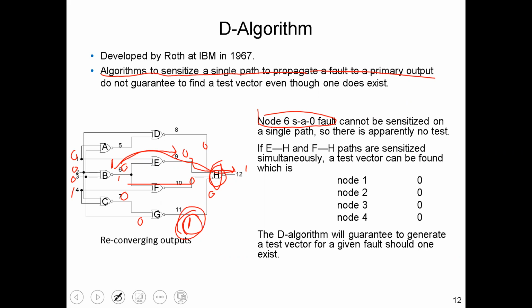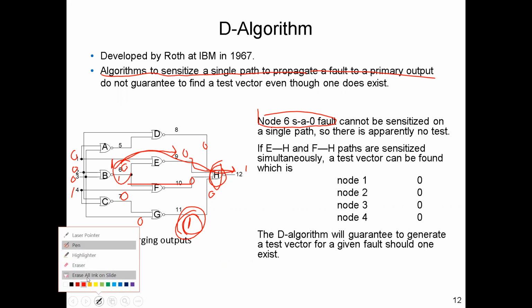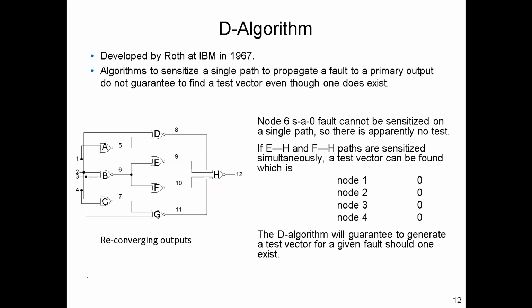So within this logic, we cannot generate a test vector to observe a stuck-at-0 fault at node 6. Actually, an input test vector exists. Say, if we have set all the inputs 1, 2, 3, 4 to 0, then you can check that.